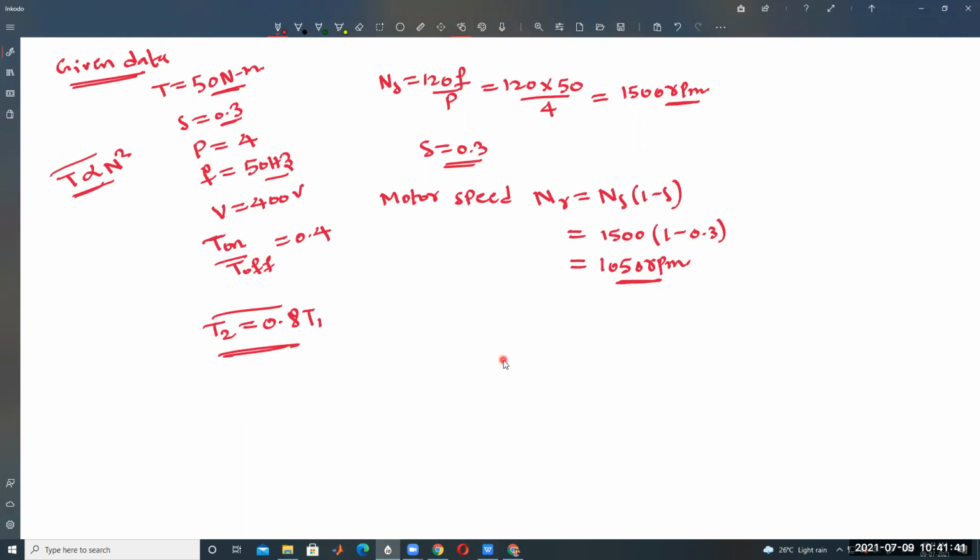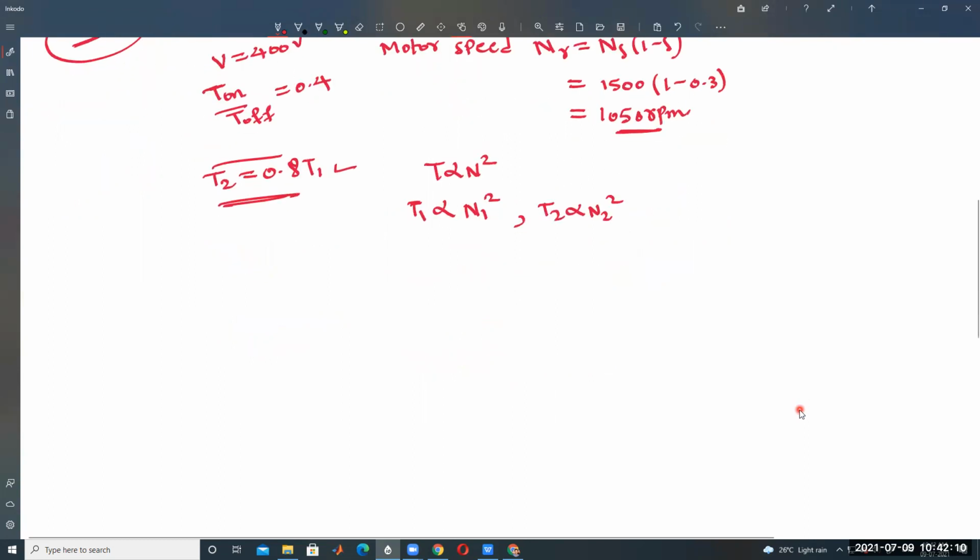T2 is equal to 0.8 times T1. What is the relation? This is called a fan type load. Torque is proportional to N square. That means T1 is proportional to N1 square. Similarly, T2 is proportional to N2 square. What is the ratio of T2 by T1? N2 square by N1 square.